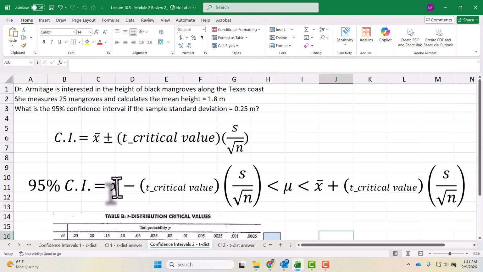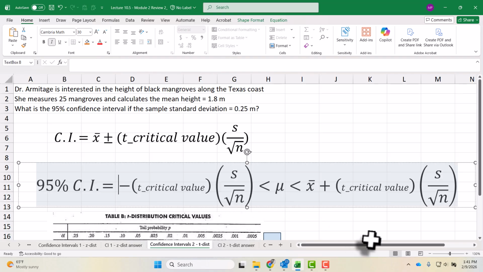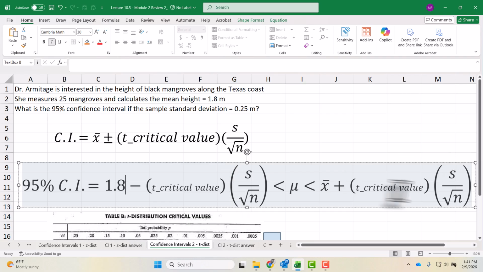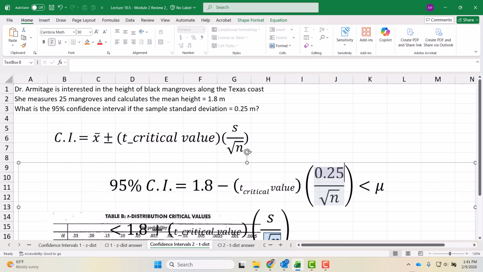So again, we can fill in most of the formula without going to the table. We have our mean of 1.8. Again, fill that in both sides of the formula. We have our standard deviation of 0.25. Again, we're going to do that for both sides of the formula.